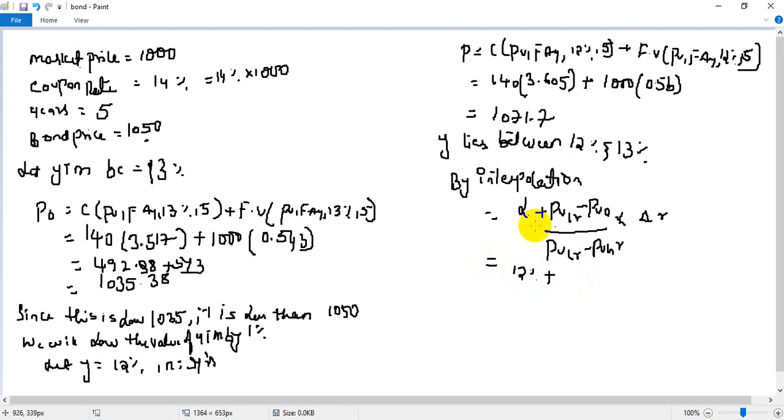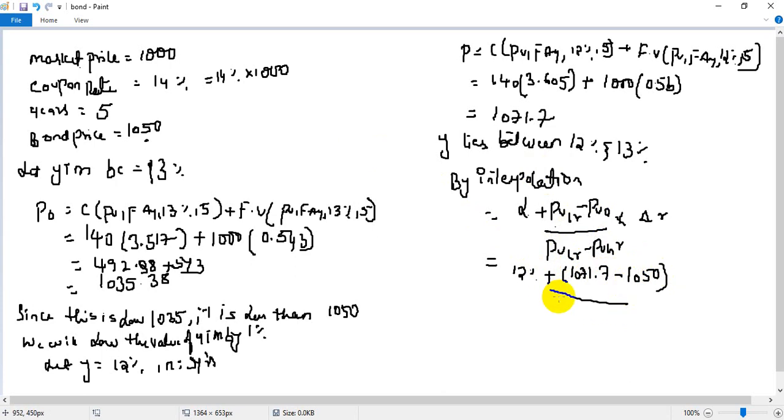The lower value we got is for 12, the lower percentage, the lower YTM. So you need to take this value, 1071. PVLR means present value of lower rate, PVHR means present value of higher rate, and PV0 means the exact market price, 1050, that has been given in the question.